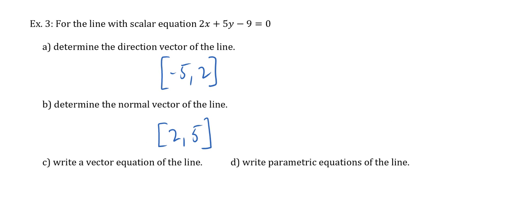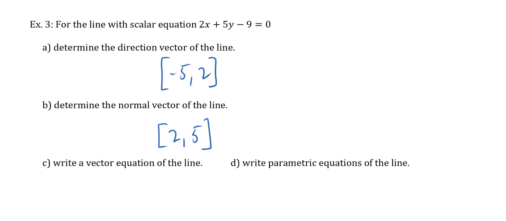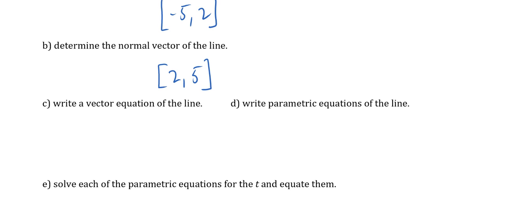I would just inspect it and think about it. If I put 2 in for x, I get 2 times 2 is 4, and 1 in for y, 5 times 1, so I get 4 plus 5 is 9, minus 9 is 0. So 2, 1 gives me 0, which is equal to the right side.